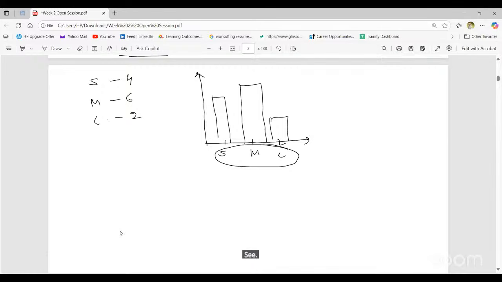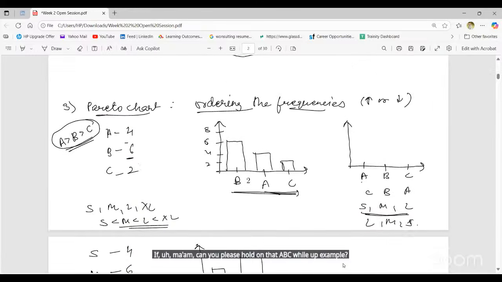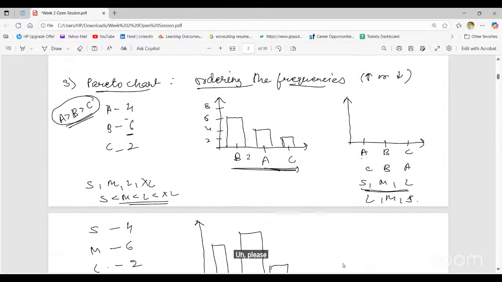Ma'am, can I try to explain it? According to me, for ordinal, ma'am, can you please hold on that ABC example? Here is A, B, and C, and the question is asking for A, B, and C in ordinal form.